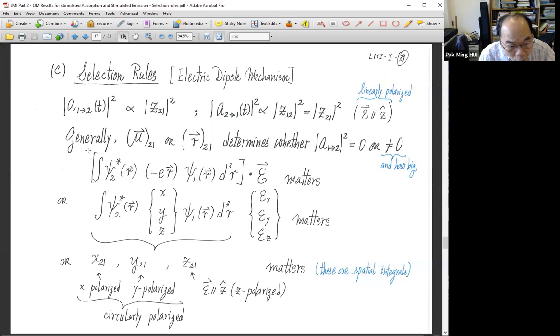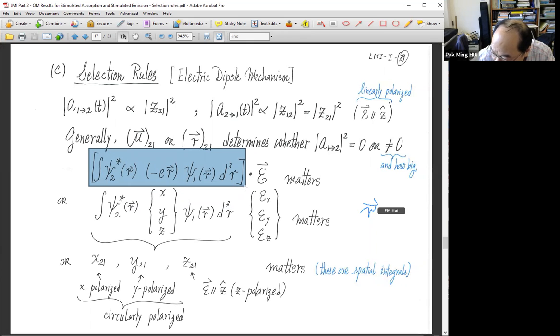So this whole thing at the end, after integration, is a vector by itself. It has X, Y, Z components, and it is going to dot into the E field, which will determine whether the line is bright or dim or missing.